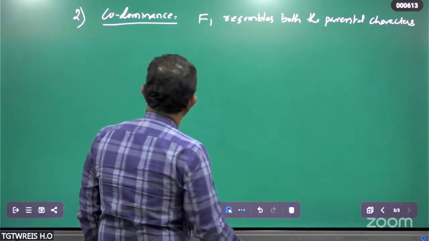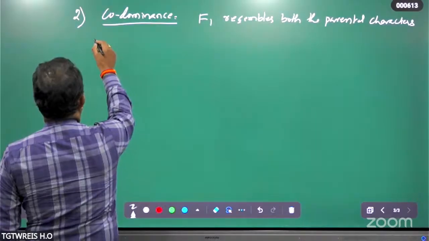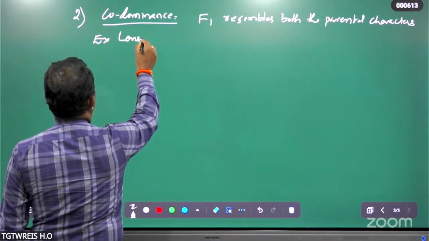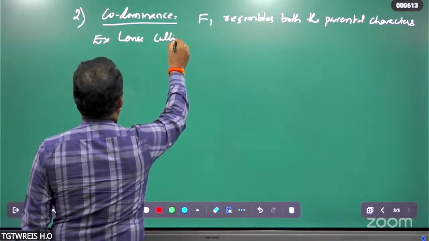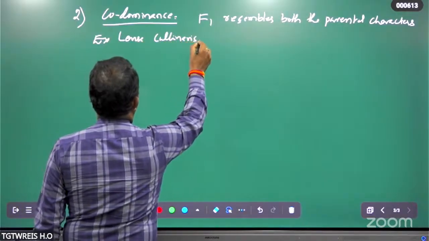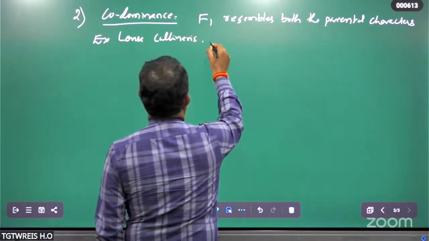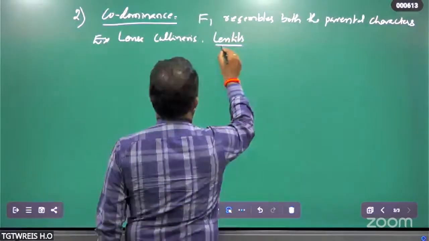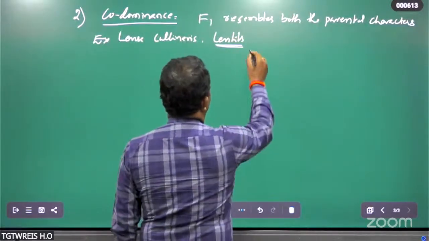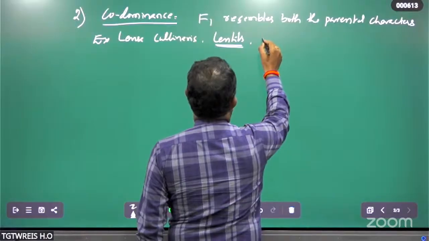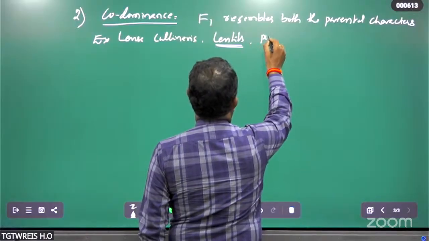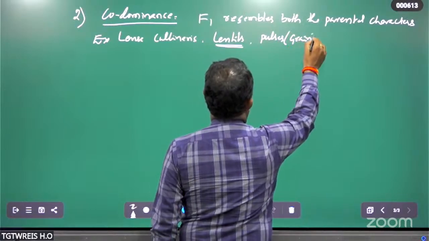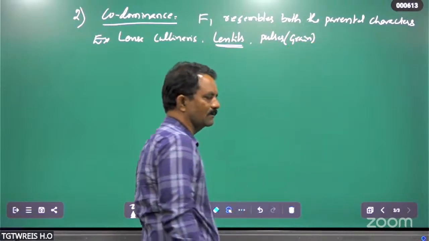So for example, Lens culinaris, lentils. It is a grain pulse, widely grown in North America.